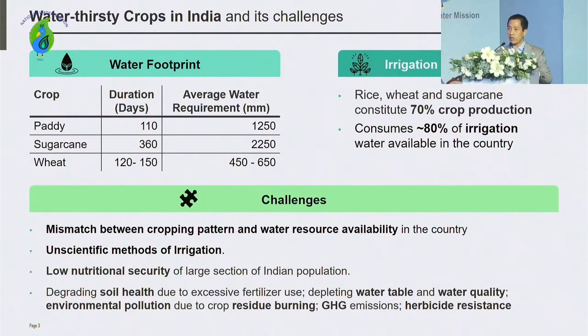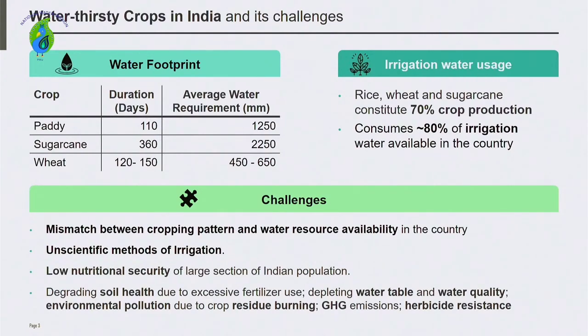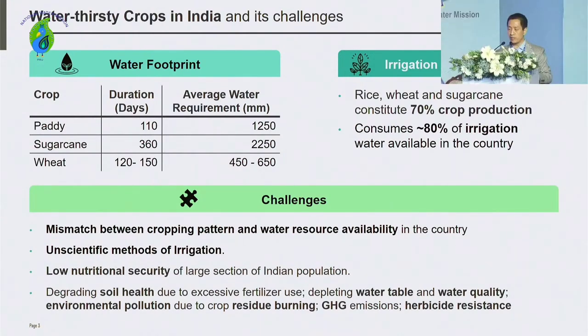Now if we look at the water footprint, you may have seen in the previous slides that the major crops in the country, paddy, sugarcane and wheat, are water intensive crops. They constitute about 70% of the crop production in the country and consume about 80% of the water being used in the agriculture sector.